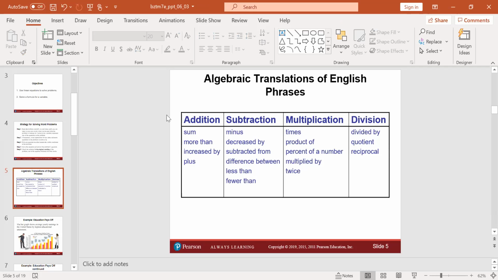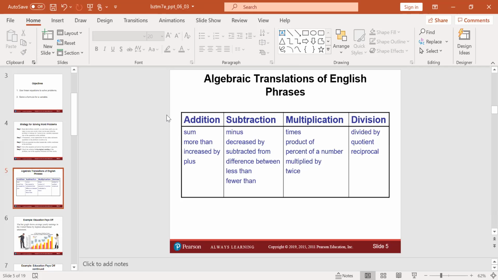Difference, the word difference, difference between, difference of, should make you think subtraction. Less than, when you're saying it's 5 units less than x or something, you have to be careful because that could be like a less than sign, an inequality sign. It just depends on the context. Sometimes that can mean subtraction or fewer than.